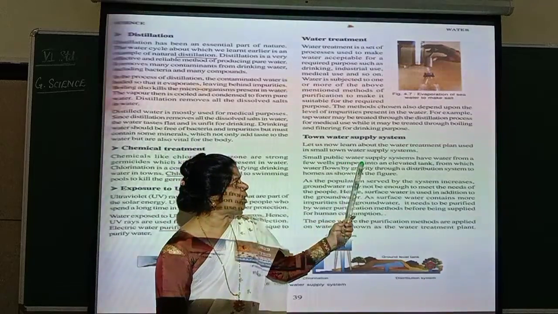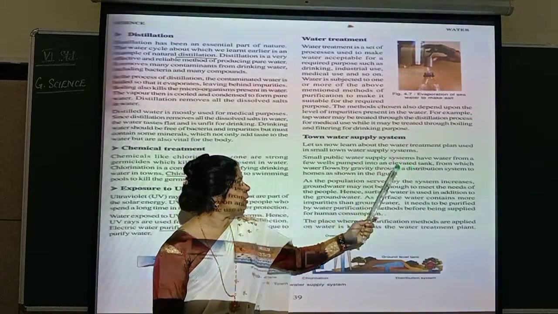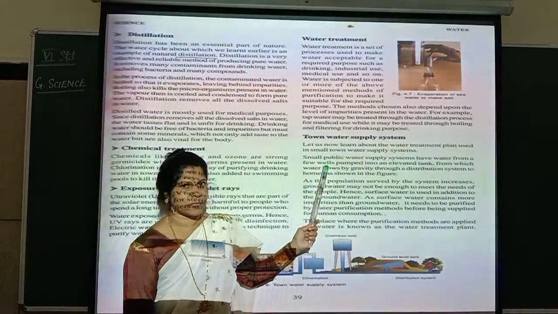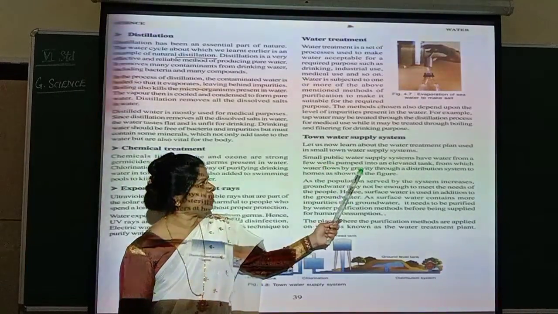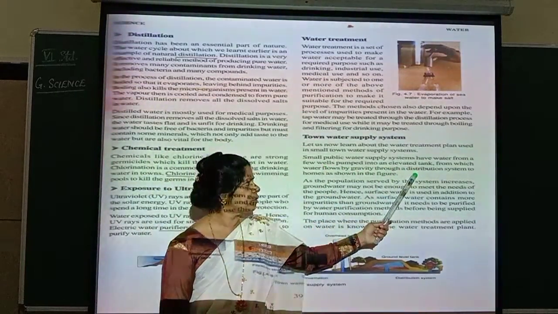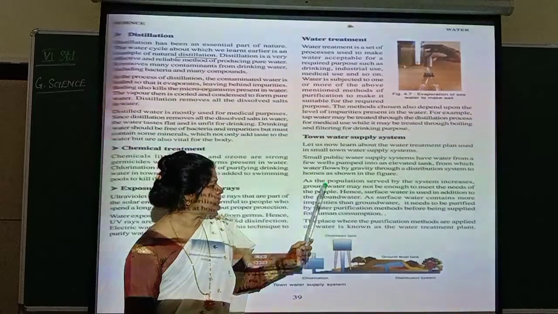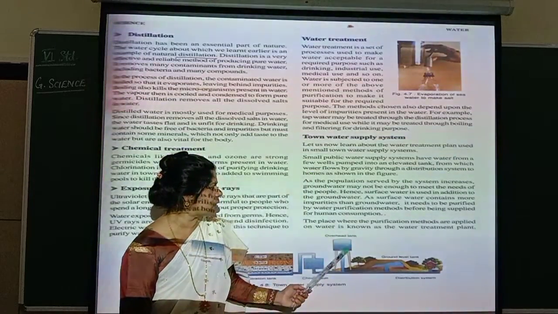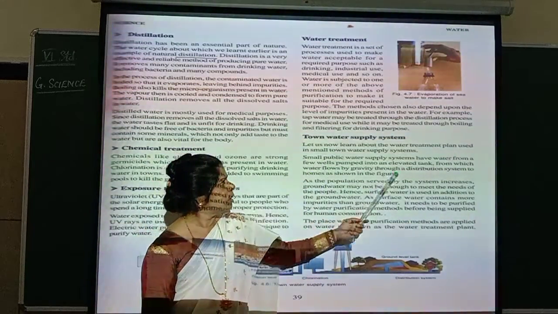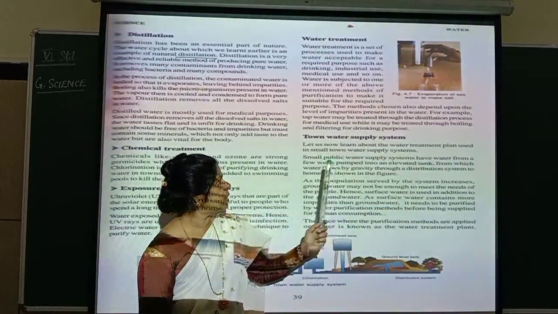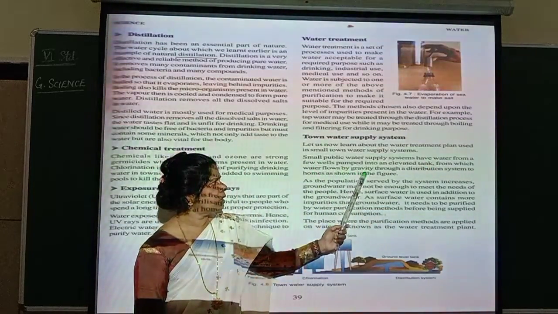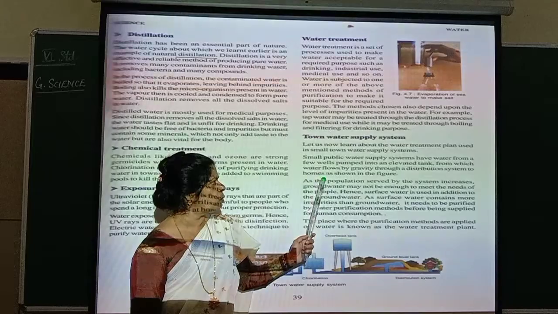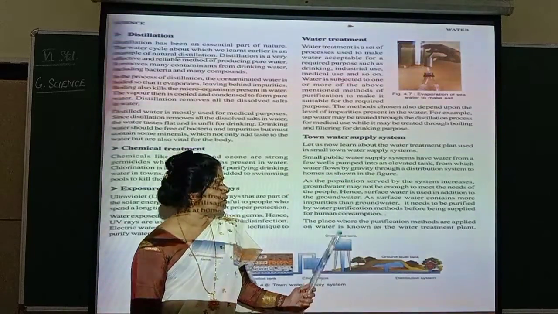Small public water supply systems have water from a few wells, pumped into an elevated tank from which water flows. Elevated tank is this one. This is called an elevated tank, from which water flows by gravity through a distribution system to homes, as shown in the figure. I will explain it to you.